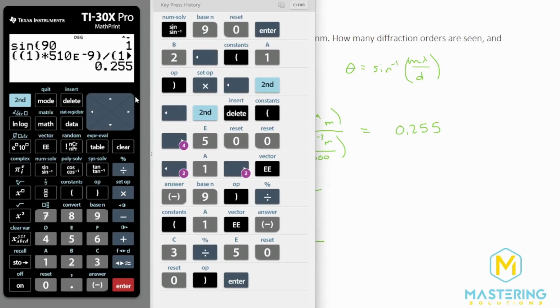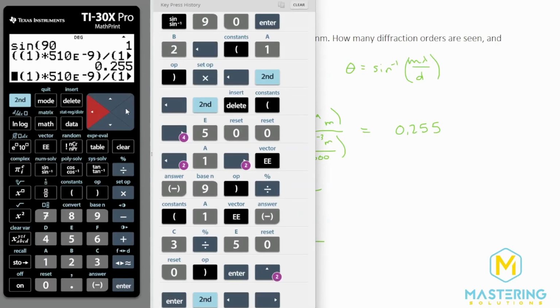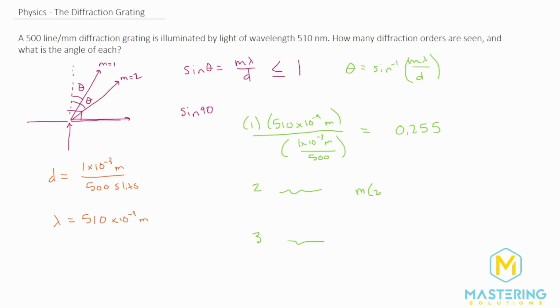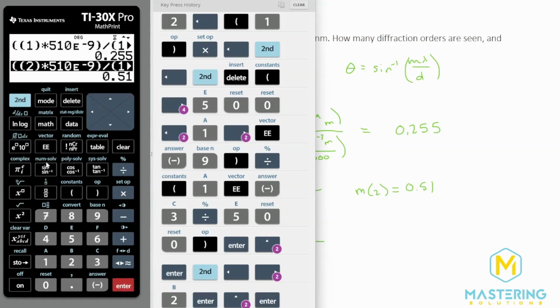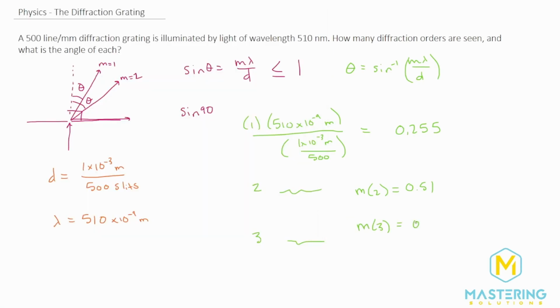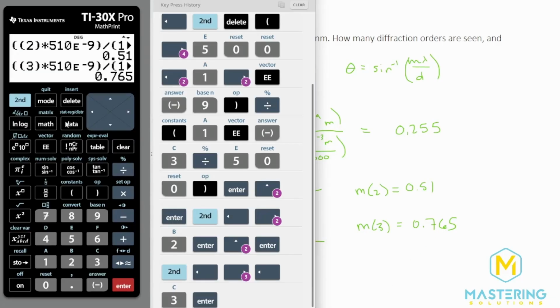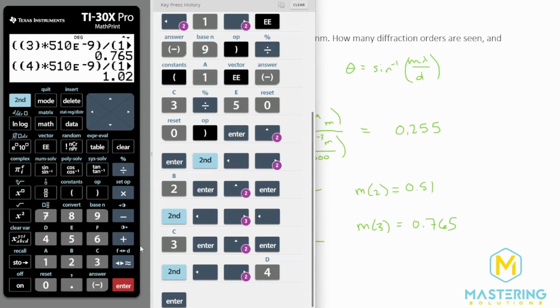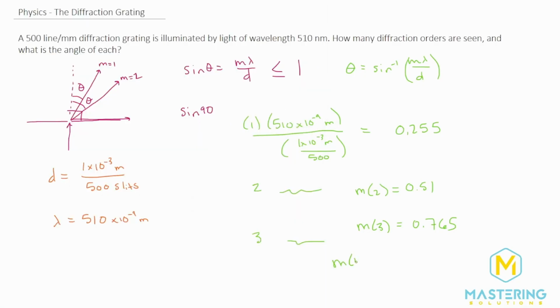And so all you can do is just take this and just change this to 2. And now we have 0.51. So m of 2 equals 0.51. M of 3 gives us 0.765. And last one, m of 4 gives us 1.02. So m of 4 is greater than 1, so we will not see m of 4.